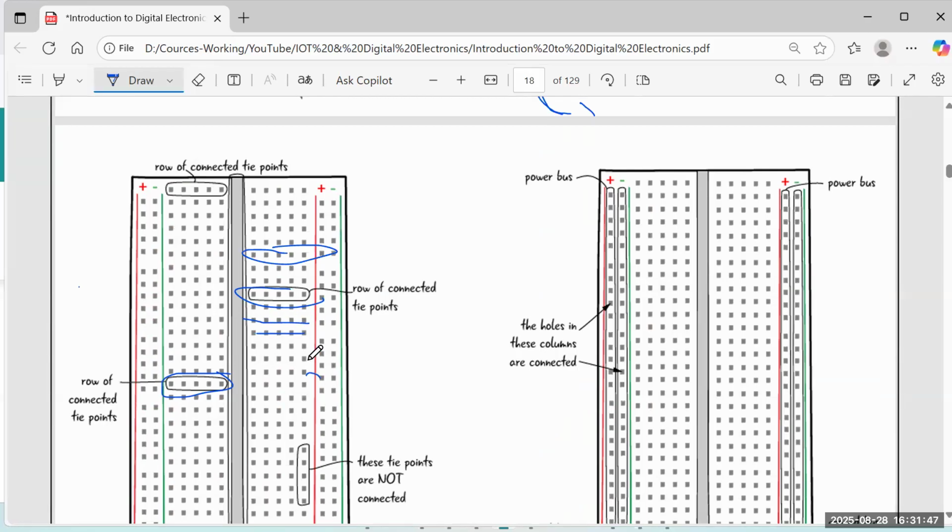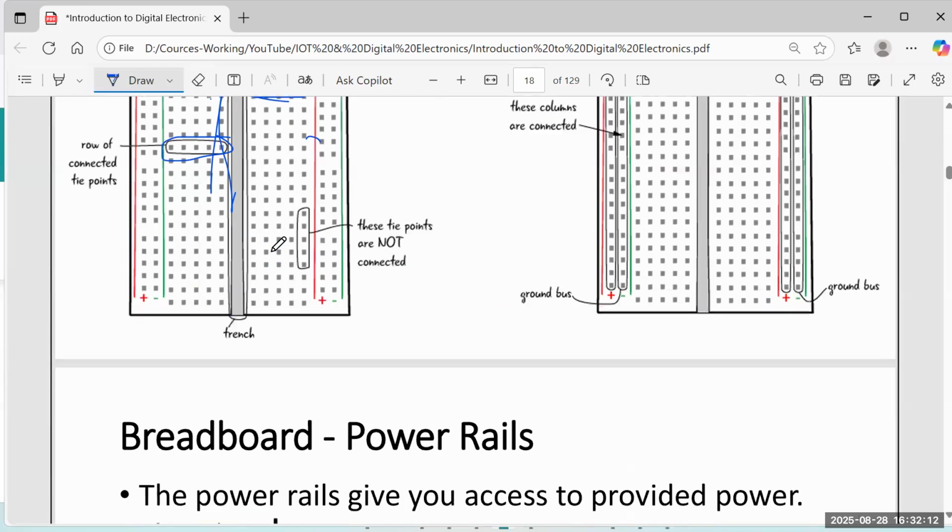And another thing is, this is not connected to this. So don't think that these are all connected. No, the right hand side is independent of the left hand side. So when you give current to this line, only these things have electricity, but not here, because this is separated. It's like two independent boards.